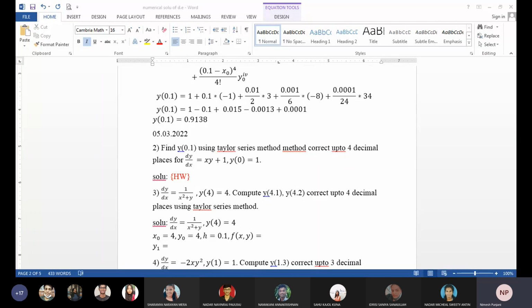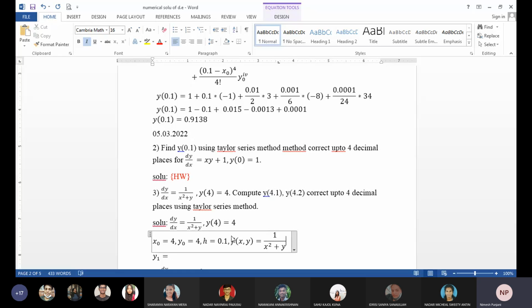That is our f of x comma y. y1 is nothing but f of x comma y, that is 1 divided by x square plus y.